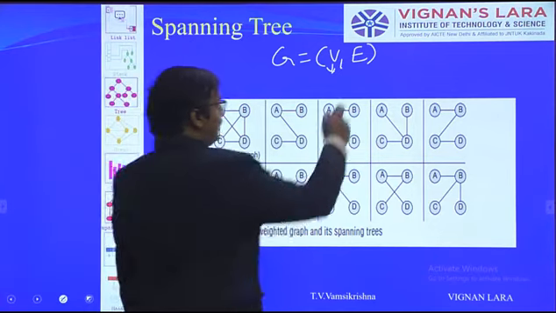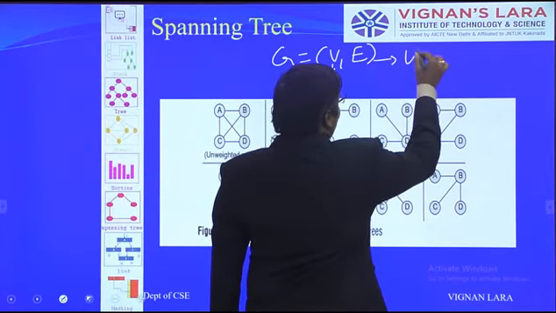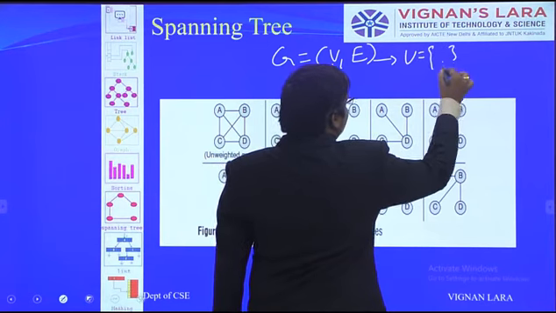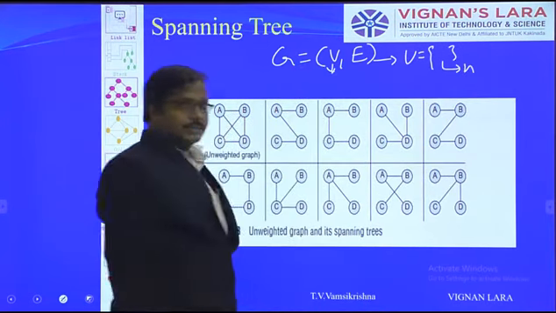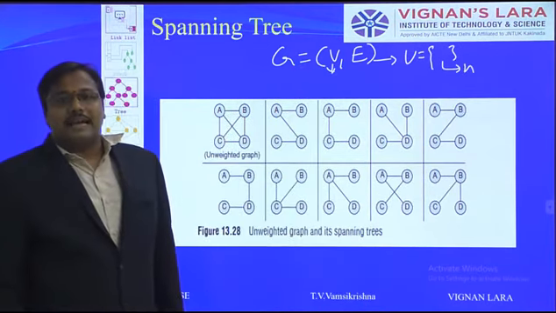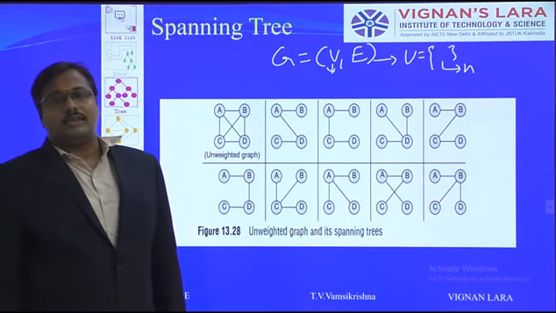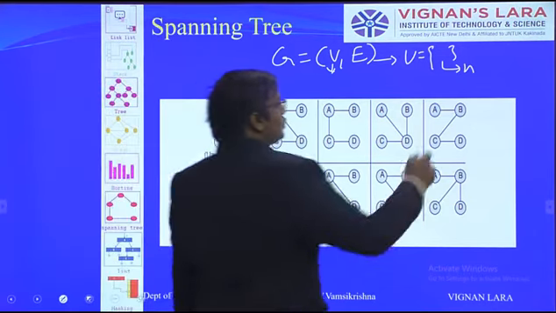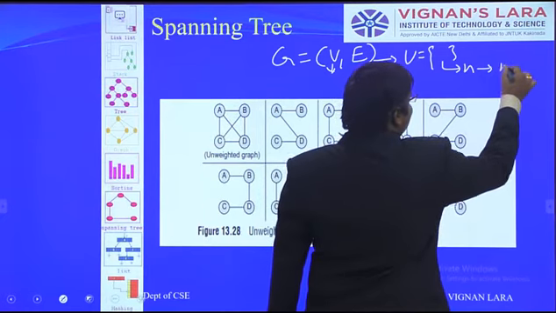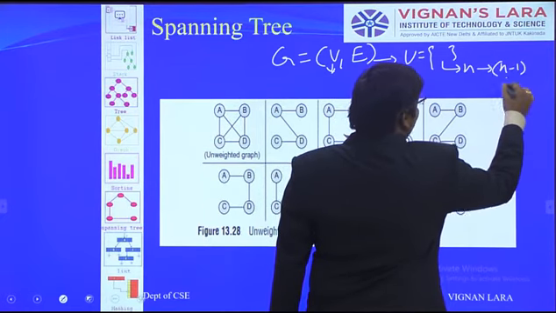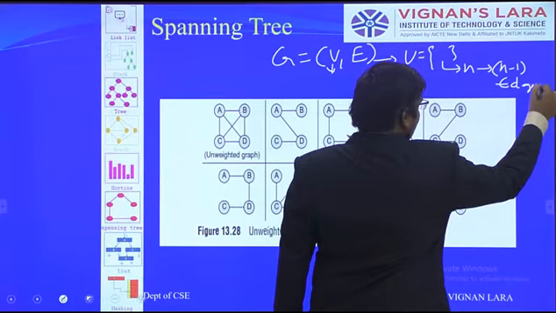Here one rule is there. The V set may consist of n number of entries, meaning the graph consists of n vertices.